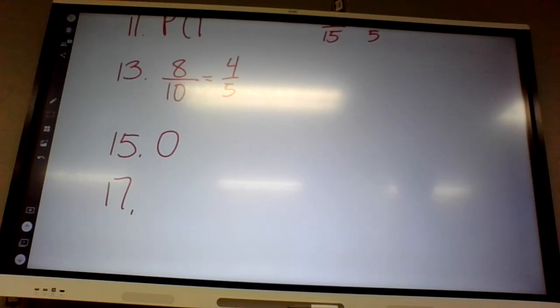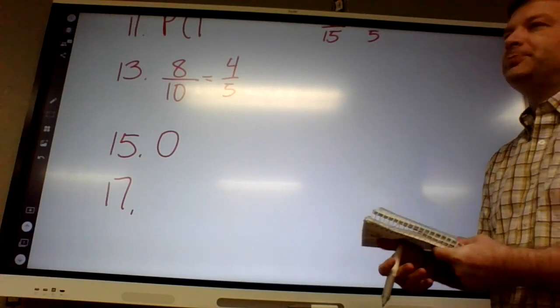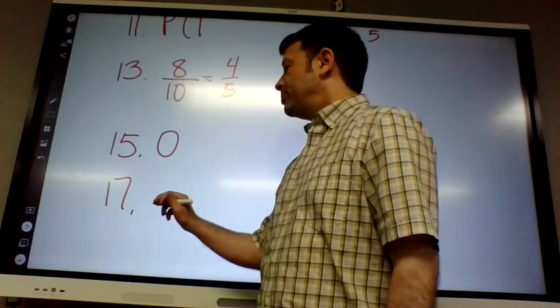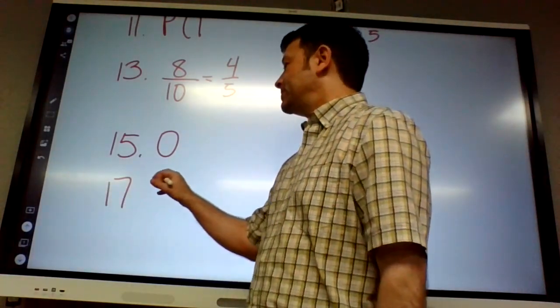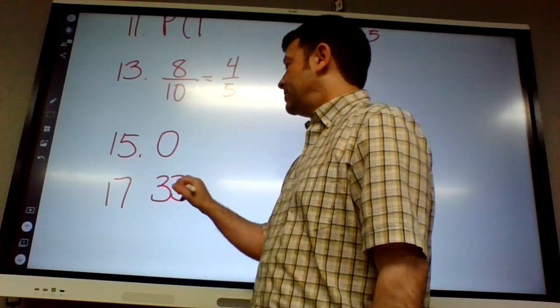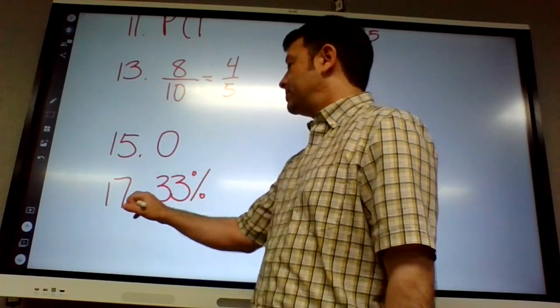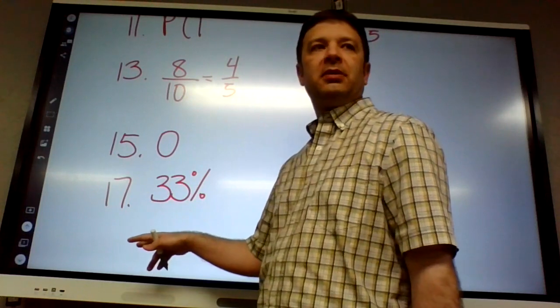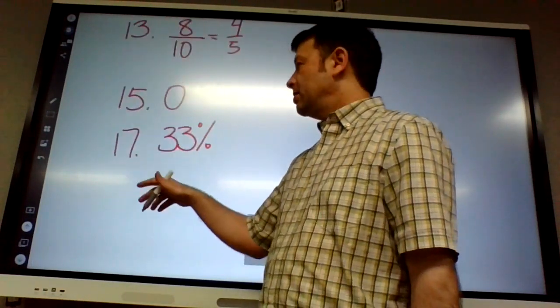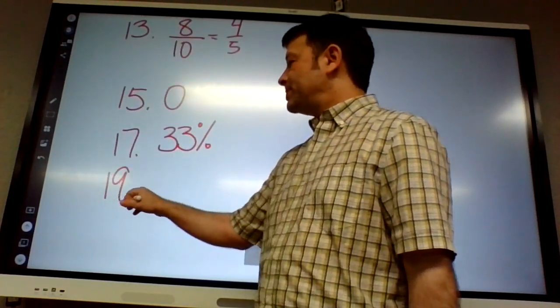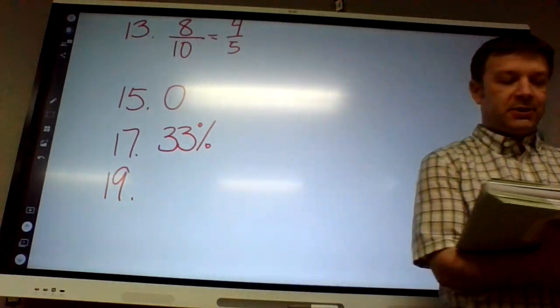So I think they mean what's the probability Jake's going to make it on each shot. Jake's making 9 out of 27. Do you guys know what that reduces to? What's 1/3 as a decimal? 0.3 repeating. What's that as a percent? 33. We're rounding to the 1% place, so we're just going to put 33%.